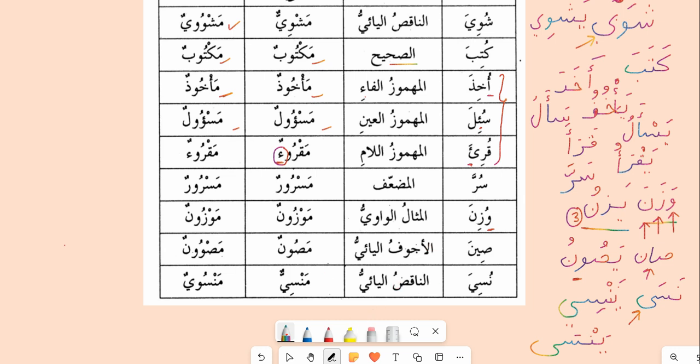So now let's go on to question number 15. Question number 15: استخرج من الدرس أسماء الفاعلين.